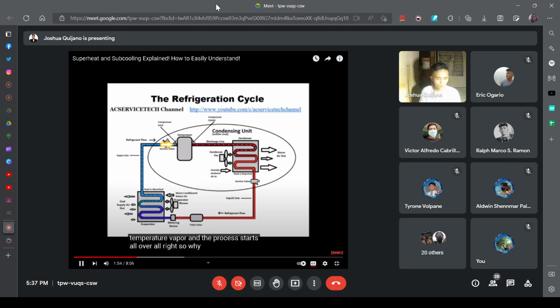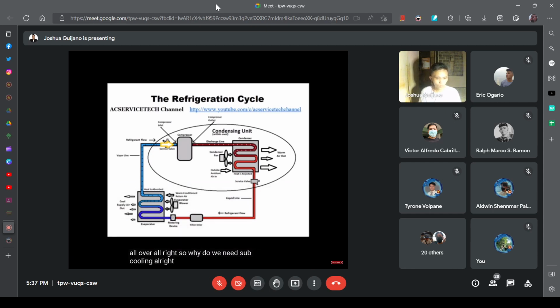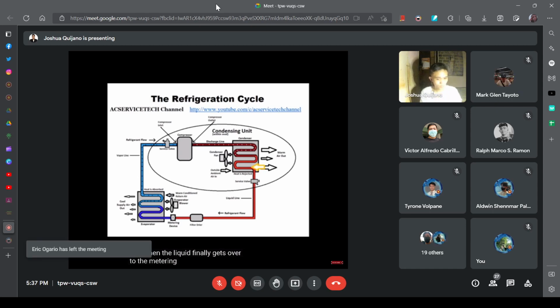So, why do we need subcooling? All right. The subcooling is needed, which is the temperature decrease in liquid form inside the condenser. All right. You need subcooling to make sure that when the liquid finally gets over to the metering device, it has complete liquid and there's no vapor present. If there is vapor present, it's not going to be very efficient. Okay, it needs to be a very, very high or very far spread apart pressure drop.